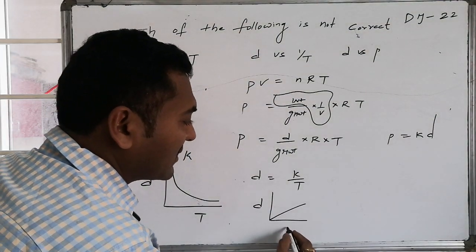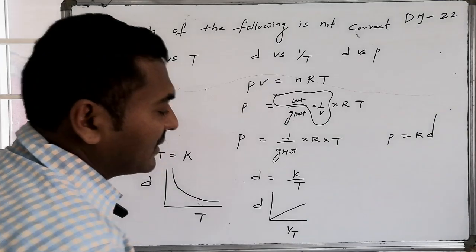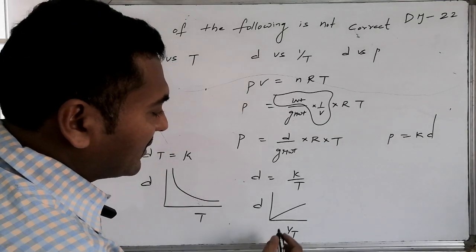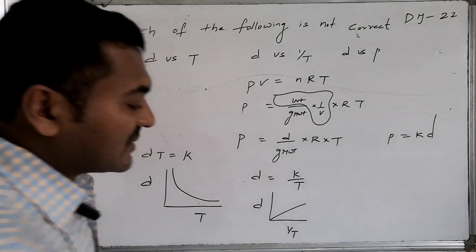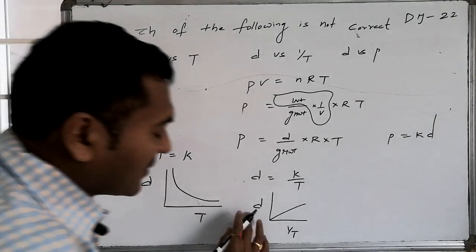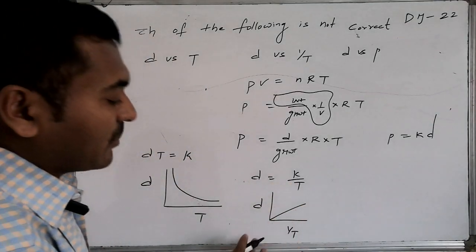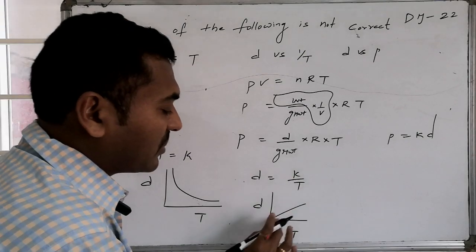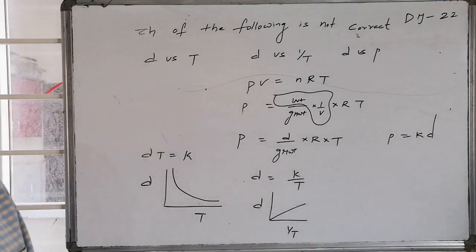So density versus 1 by t, y equal to mx, with 1 by t on the x-axis, the slope will be some positive constant, passing through the origin.